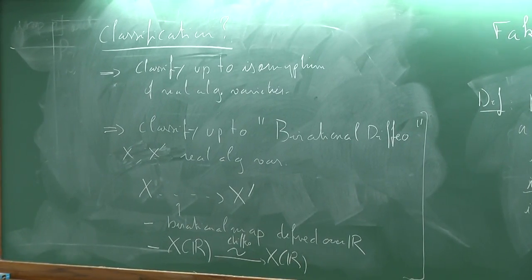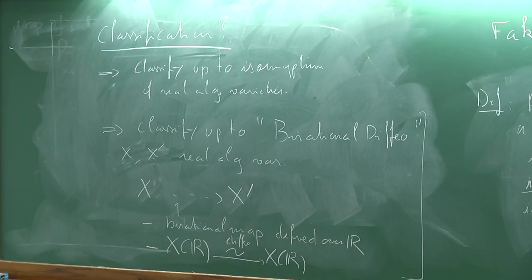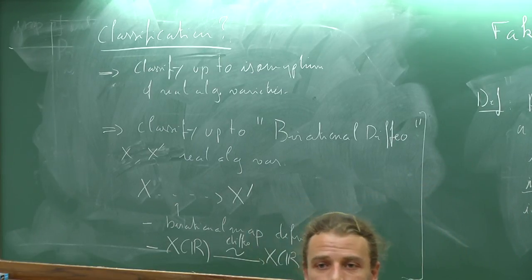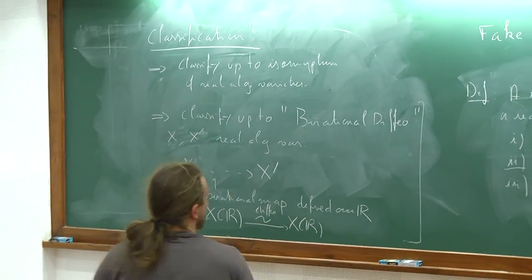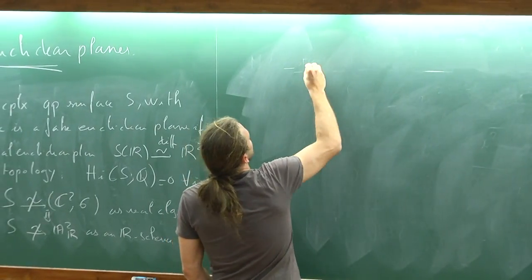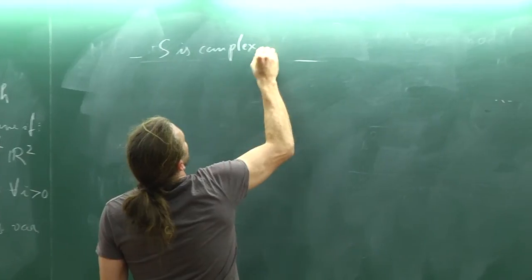So now, how do we attack this kind of classification problem? Well, we are looking at complex surfaces which are Q-acyclic, right? So the first thing is that S is complex Q-acyclic.